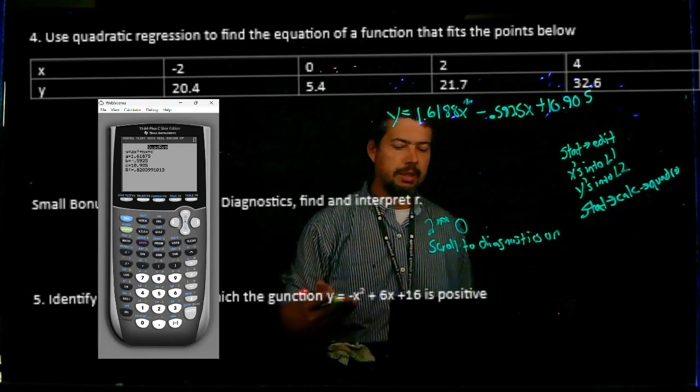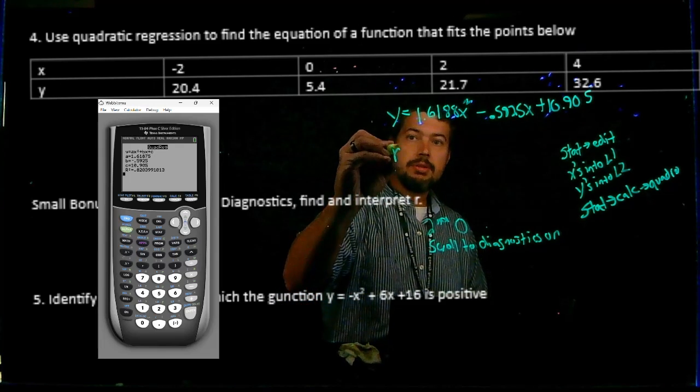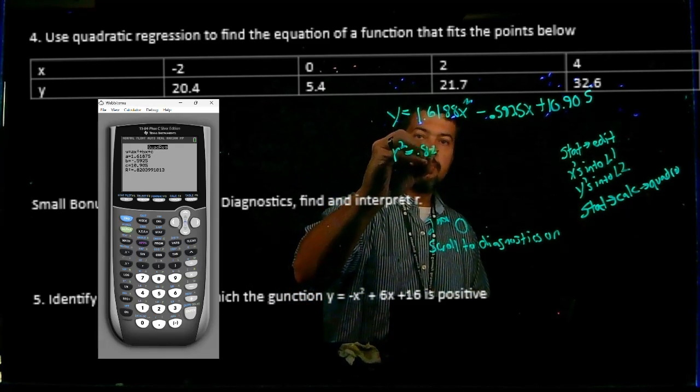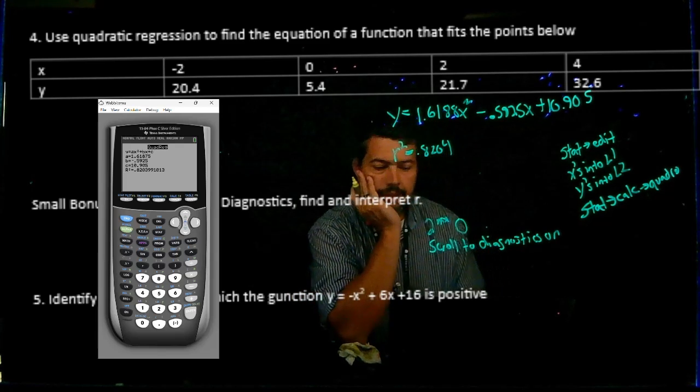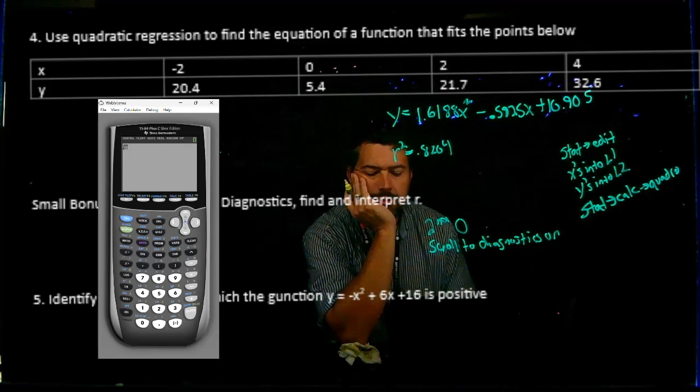Now you'll see that mine has an r value. It actually has an r squared value. It says that r squared equals 0.8204. I had to write that down because I'm going to see what the square root of that is. Square root, it's actually going to be bigger. You take the square root of a number between 0 and 1, you get a bigger number. That's how it works.